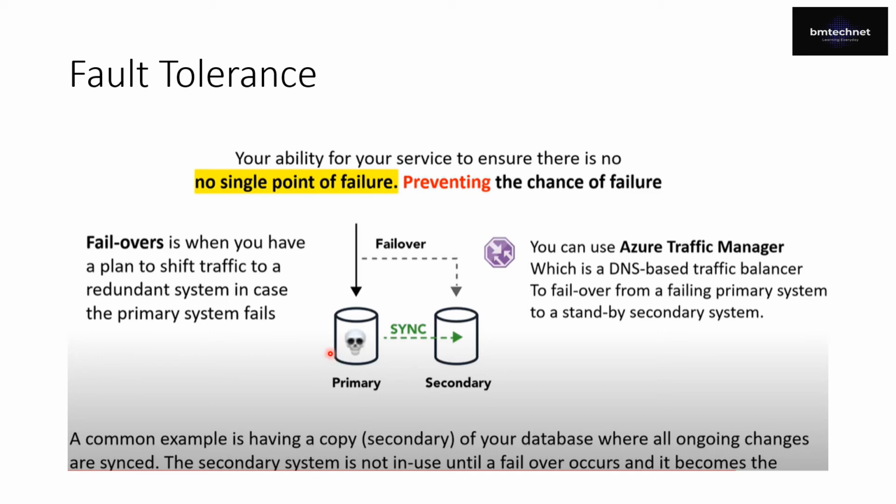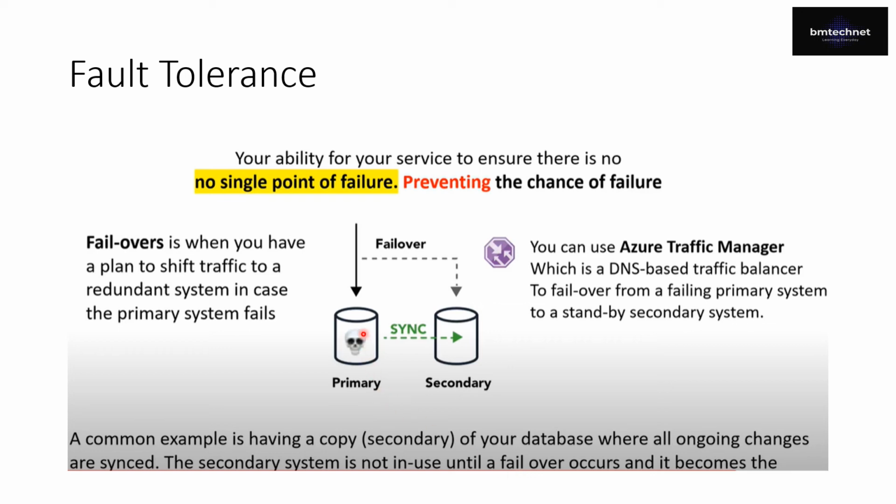If any update is pushed to the primary database, it is immediately replicated onto the secondary server, so your data replication is up to the mark. A common example is having a secondary copy of your database where all ongoing changes are synced. The secondary system is not in use until a failover occurs and it becomes the primary.